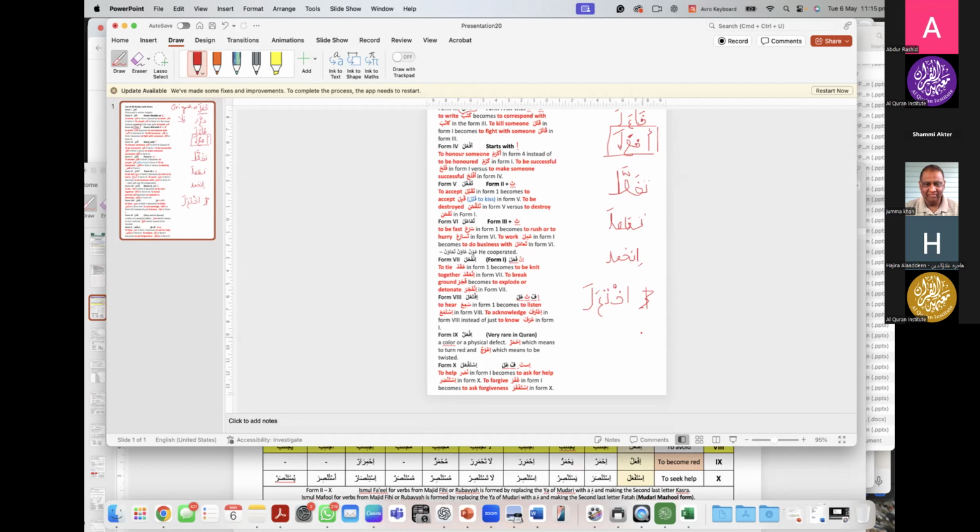Form 10 is very important. Now, this is special and it is easy and it is interesting. Ista comes with fa'ala, but first it is sukun, istaf'ala. So can you see it's fa'ala, then ista added, connected, so that's why it's sukun.